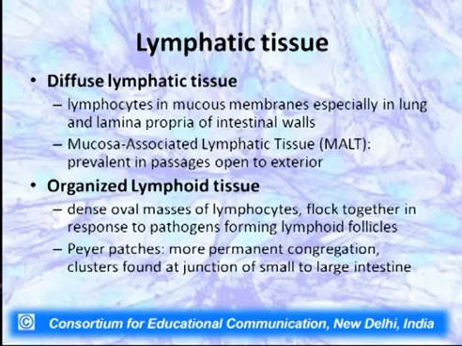Now, a very good example is a Peyer's patch, where there is a more permanent congregation or cluster found at the junction of small to large intestine. Generally, it is at the end of the small intestine, in the terminal region of the ileum, that Peyer's patches are present. If you carefully see Peyer's patches, which will come in the later part of our lecture, they are very dense oval masses of lymphoid tissue.